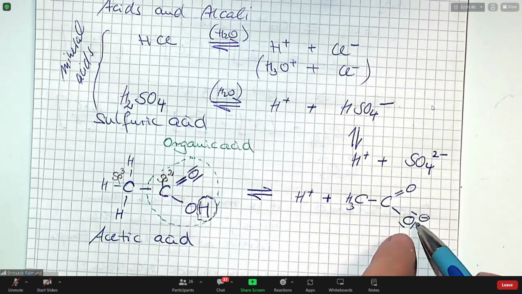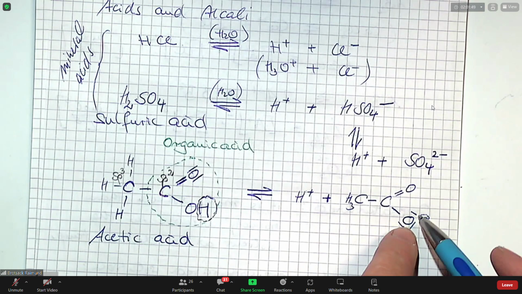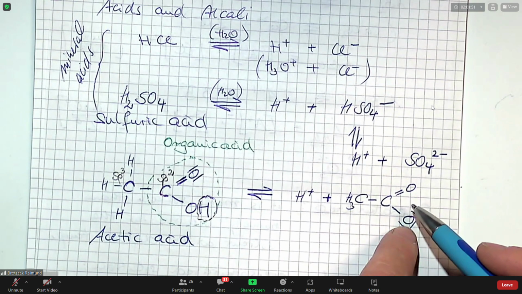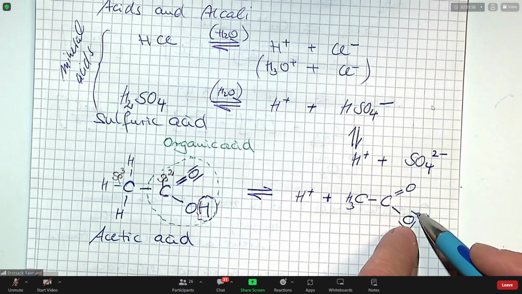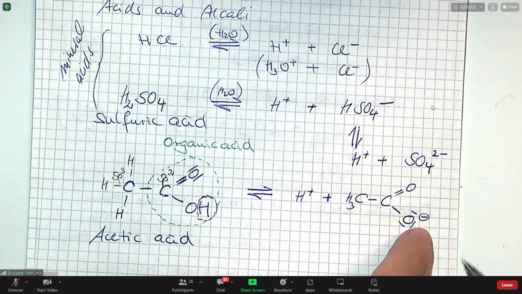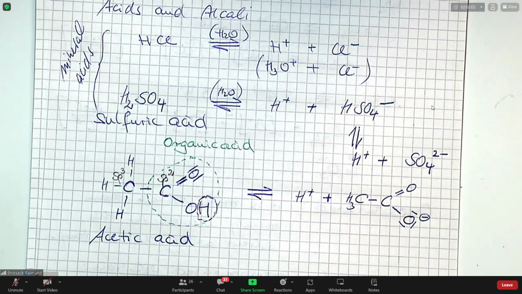This electron remains here on the oxygen. Normally we need 6. It's in the 6th column of the periodic table. We have 1, 2, 3, 4, 5, 6, 7. So 1 negative charge remains here.